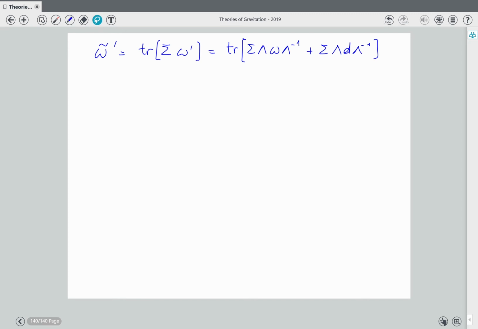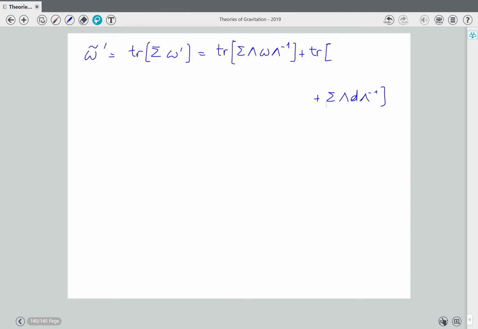If you want, I can write this. Like that. And we would like this to be equal to curly A to the minus 1 omega curly A plus curly A d curly A to the minus 1.